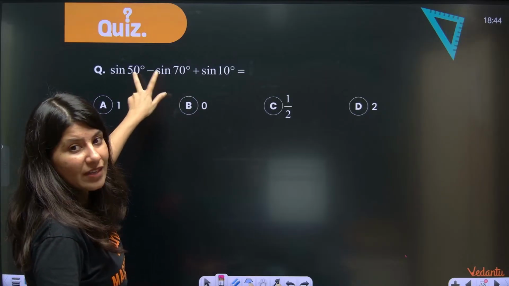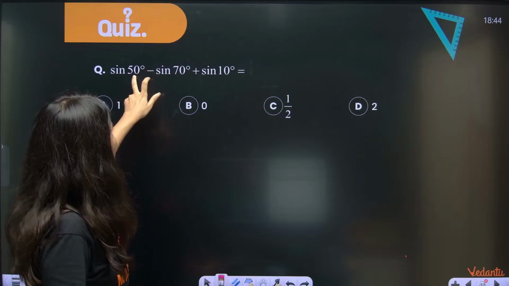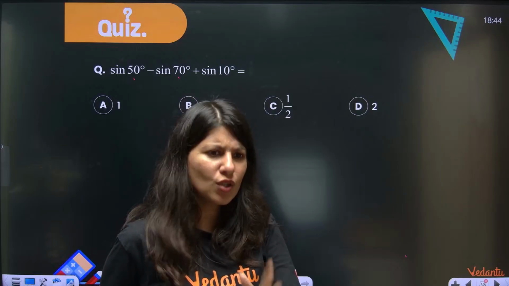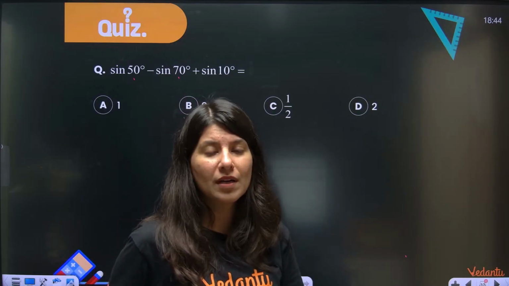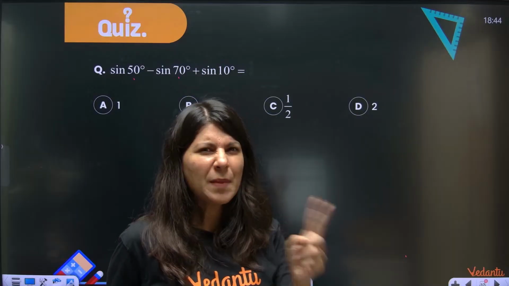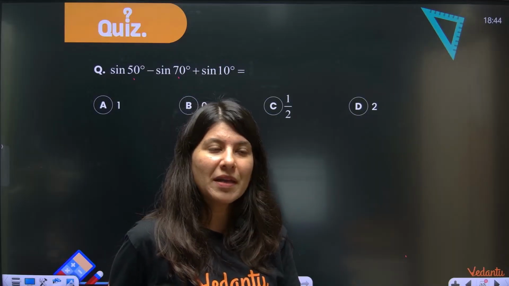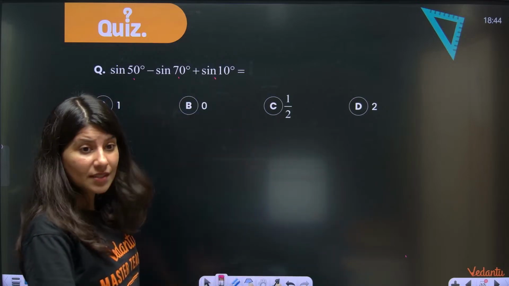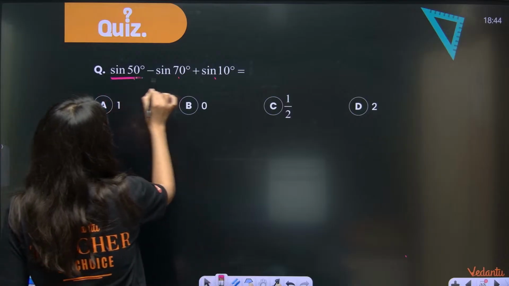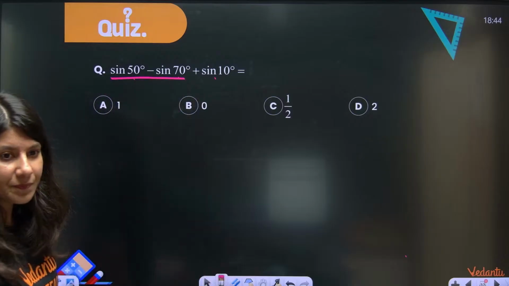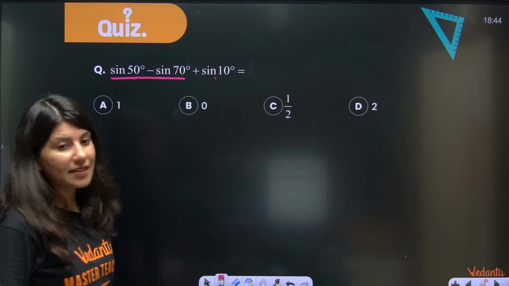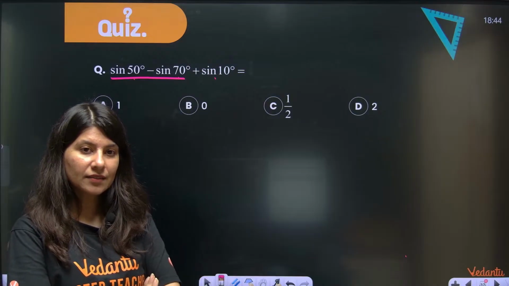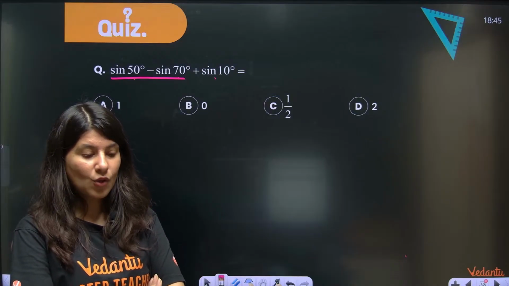These formulas will have (C plus D)/2: 50 plus 70 by 2, 120 by 2, 60 degrees, which is a known angle. Good angle. (C minus D)/2: 50 minus 70 is minus 20, by 2 minus 10, which is familiar. So going with these two is not a bad idea. Sin C minus sin D. Everyone understanding it? Getting it? Solve it quickly.